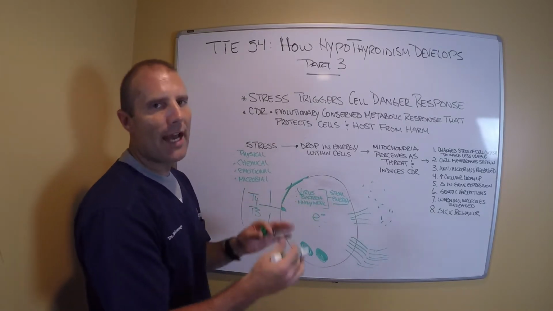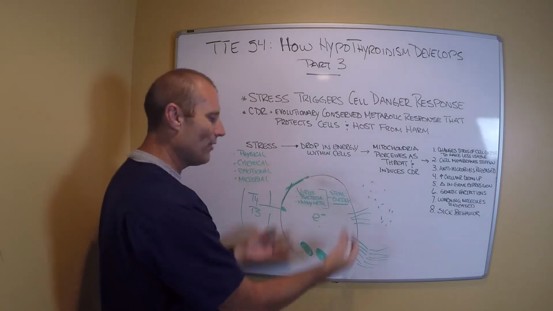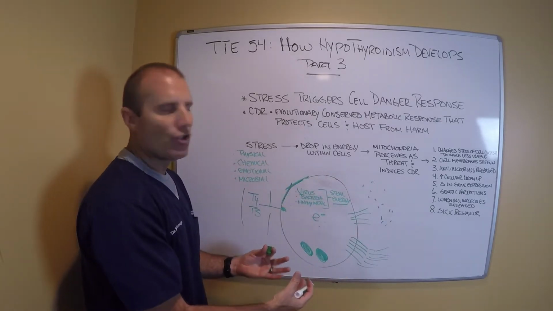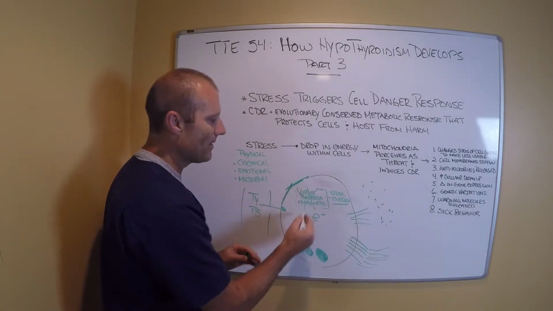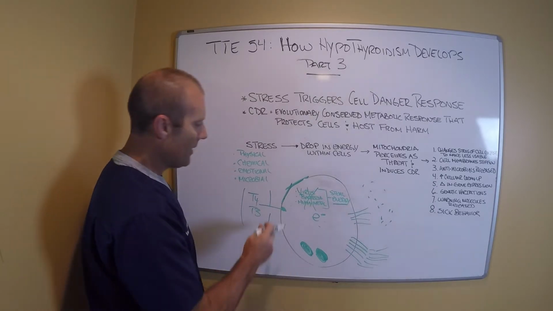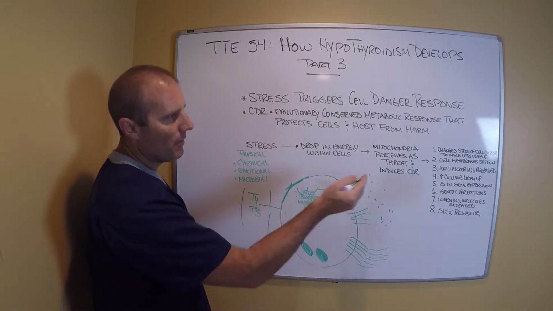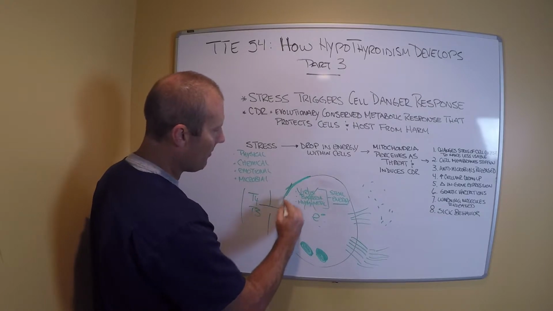And then the goal of this cell is to downregulate the health of the cell to try and kill whatever this is. One of the ways it does that, as we talked about here, is it can stiffen these cell membranes.